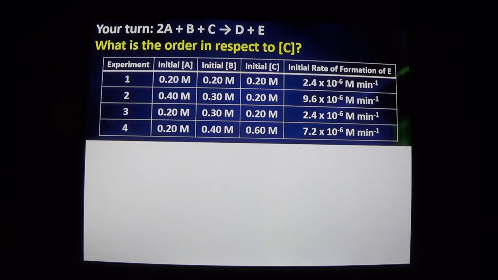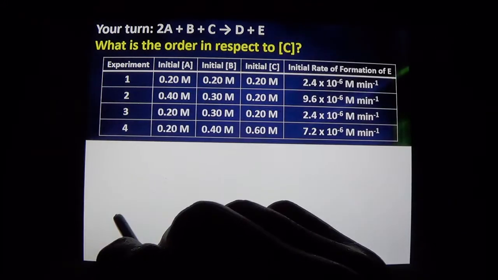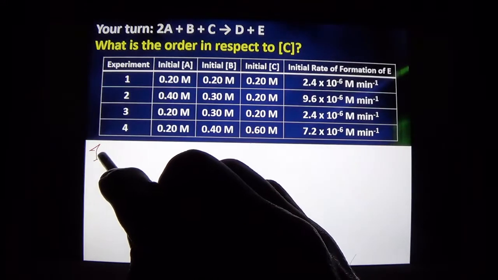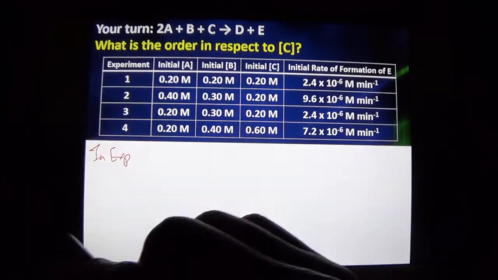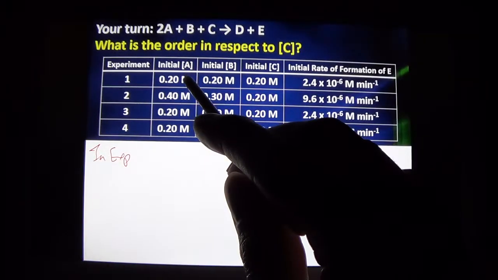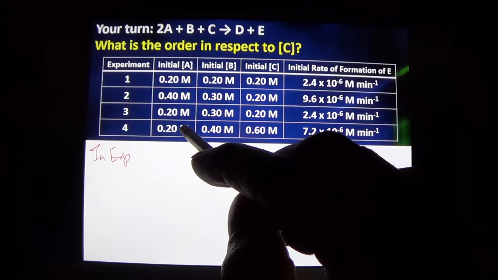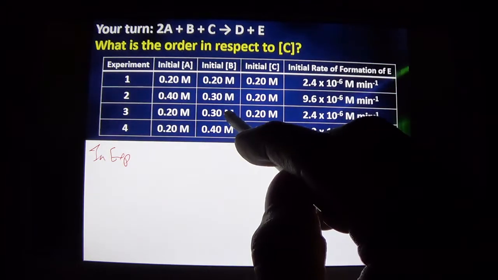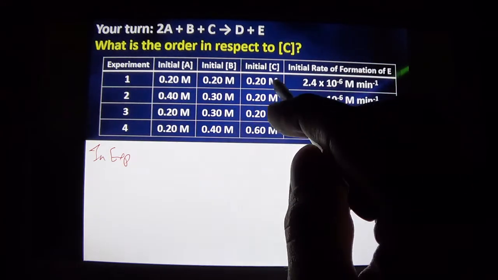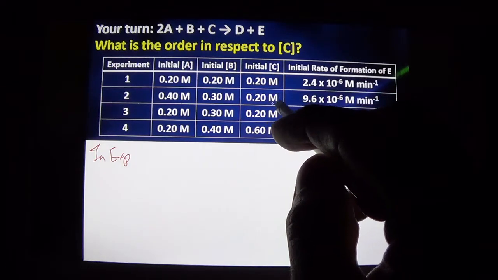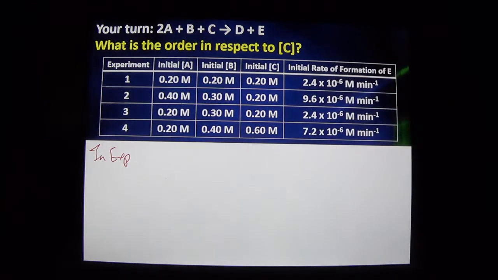Okay, so A was second order, B we now figured out was 0 order, let's figure out what C is. I need some experiments. A stays the same in 1, 3, and 4. B stays the same in 2 and 3. C changes in any of them going to 4. So what do I want to pick?